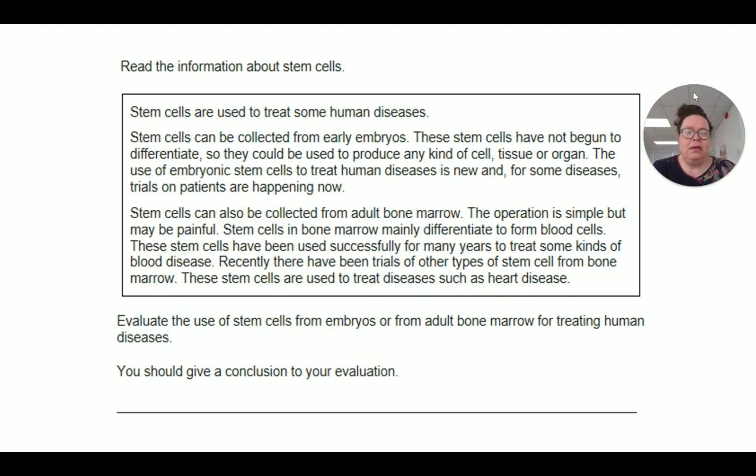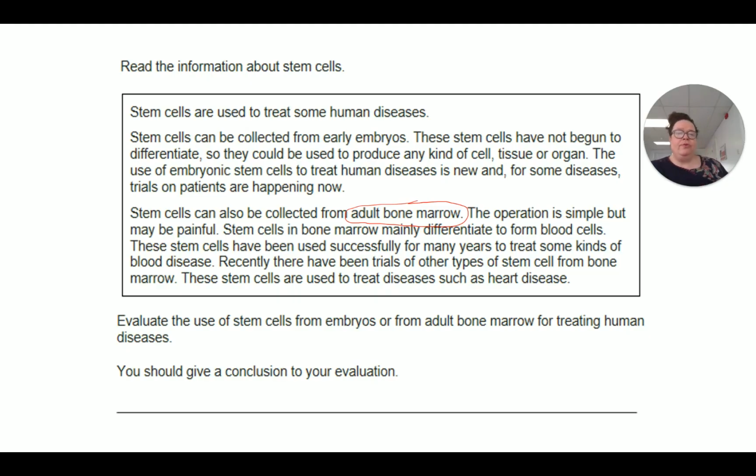Right, so this one takes a slightly different tack. This talks about stem cells from early embryos, so the stem cells like we talked about before. But it also talks about stem cells that can be collected from adult bone marrow. Now for this, it says it's a simple operation but may be painful.